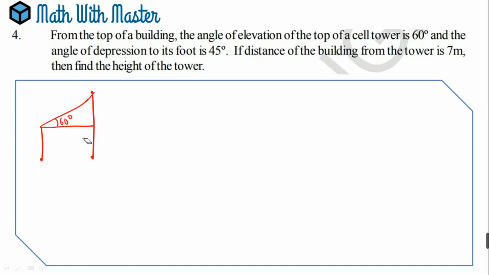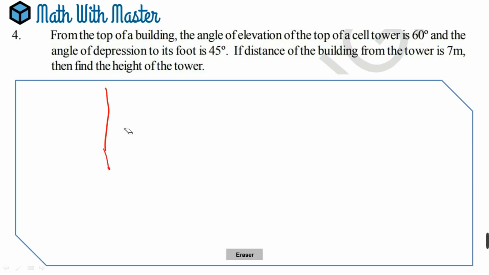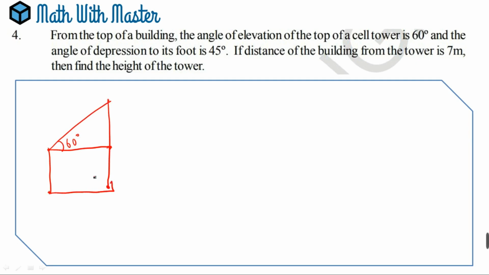Just a second, this diagram is very small. I will make it a bit larger. So this is 60 degrees, the angle of elevation, and this is the ground.